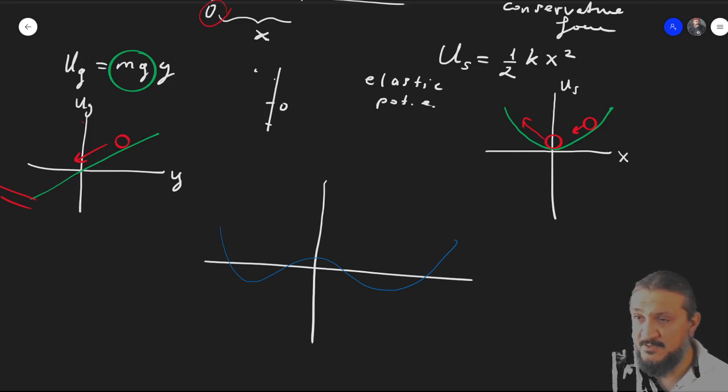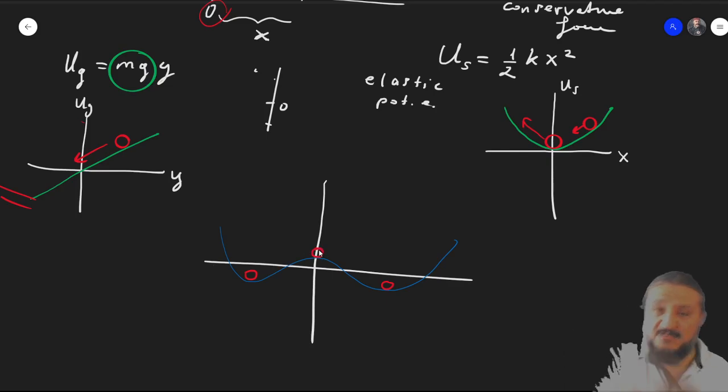So your little toy here, maybe here, over there. And if you balance it carefully, you may even have it stable over there. But if you perturb it a little bit at the top, it's going to start rolling down and end up either here or there.